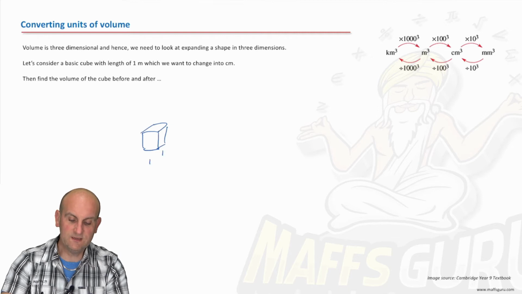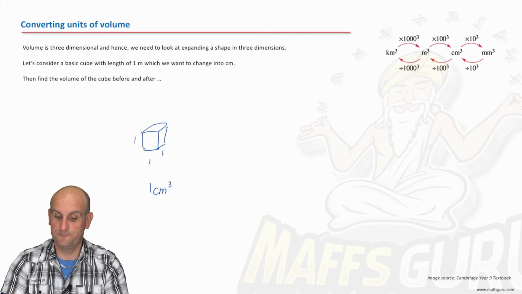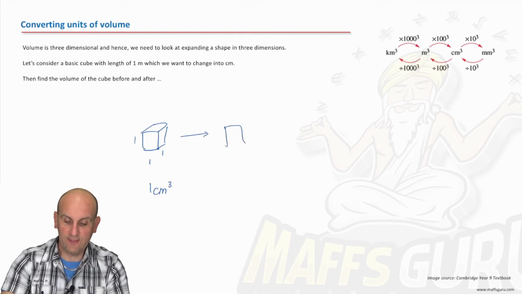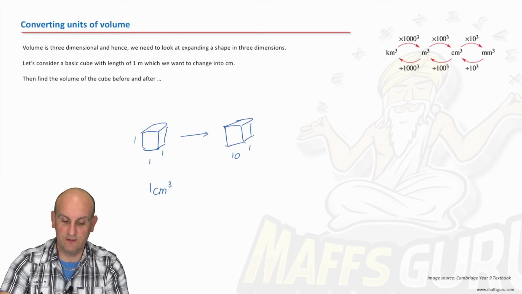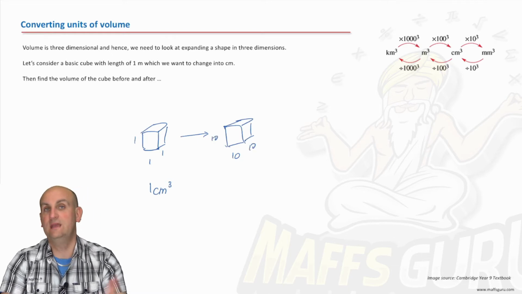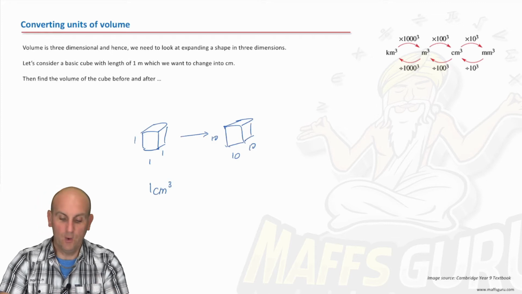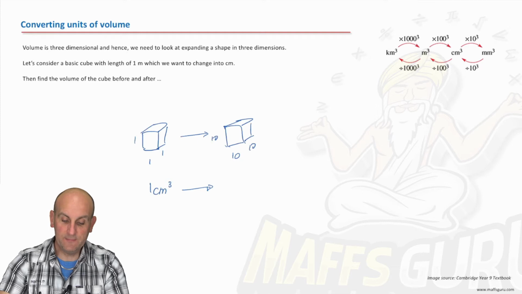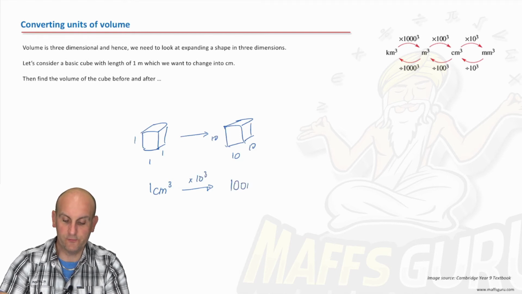We know we've got 1 centimeter by 1 centimeter by 1 centimeter, which gives me 1 centimeter cubed. Now, how do I get that into millimeters? Well, we realize that there are 10 millimeters in a centimeter. So each of these is now going to be 10 by 10 by 10, which means that if I am going to millimeters, I will multiply by 10 to the power of 3, which will give me 1,000 millimeters cubed.